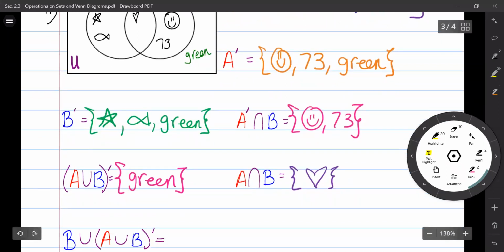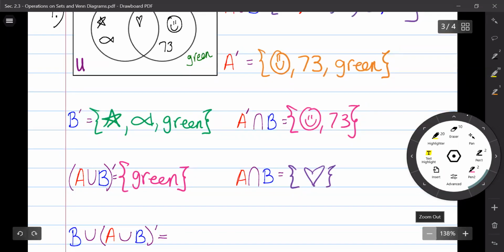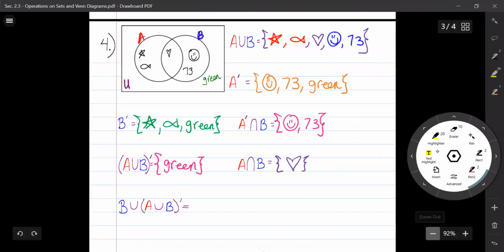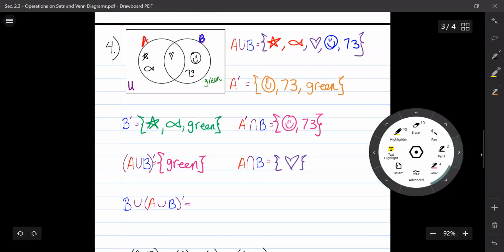Okay, and then we have B union with the complement of A union B. So again, it's really helpful that we already have done the complement of A union B. So everything in B plus everything here.